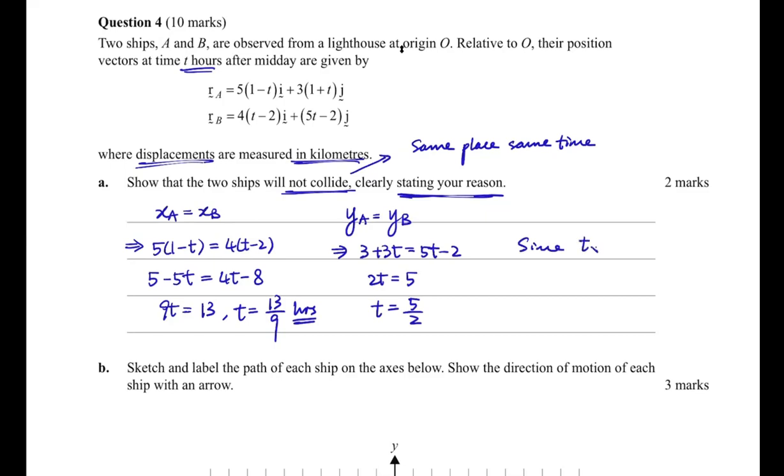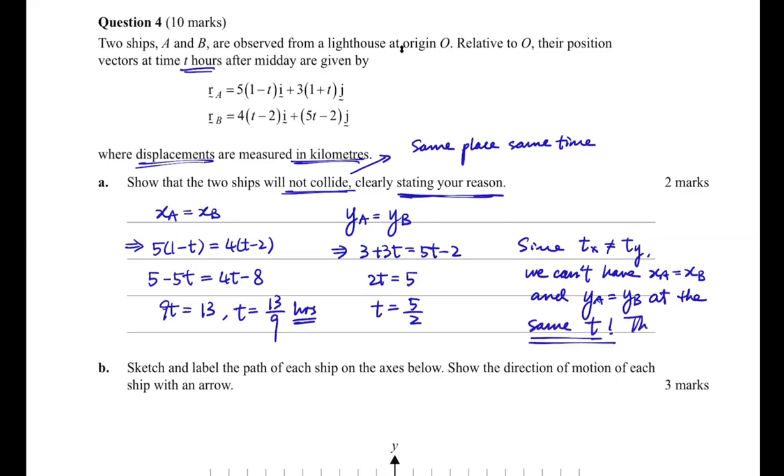Since tx is not equal to ty, we can't have xa equals xb and ya equals yb at the same t. Therefore, the boats cannot collide, okay?